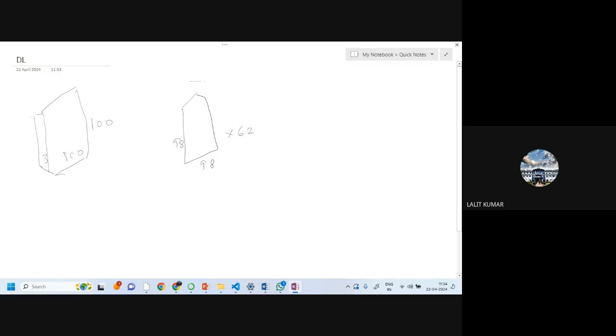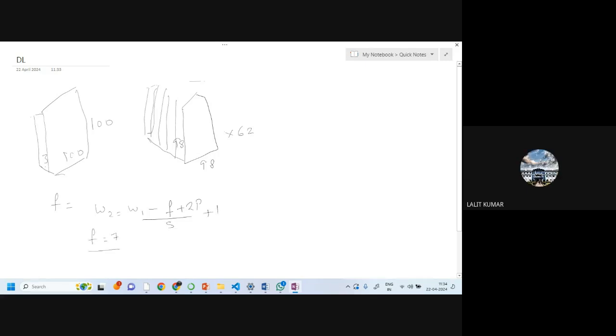So this 62 is nothing but the number of filters, so depth has become 62. So we have to find the filter size. We will find it with W2 = (W1 - F + 2P) / S + 1. So from here the filter came 7.